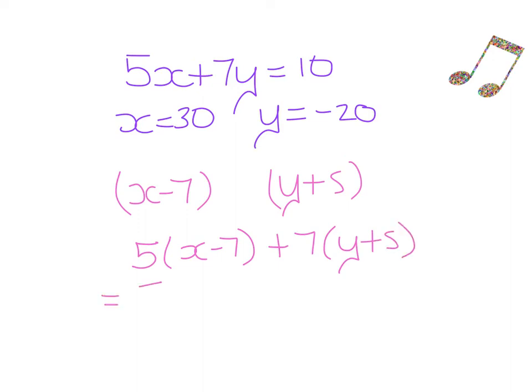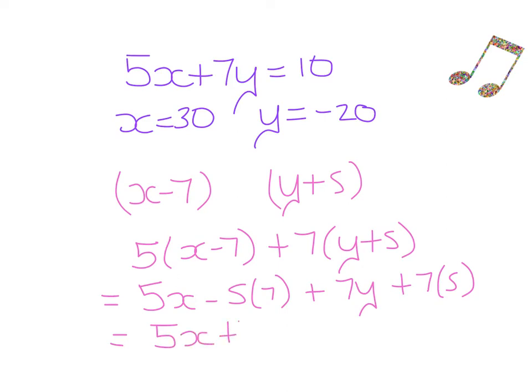If I expand those brackets out, I've got 5x minus 5 lots of 7, plus 7y, plus 7 lots of 5. And you can see that I've got negative 35 plus 35, so I end up with just 5x plus 7y. And that will happen every time. As we said earlier, I could have chosen to add the 7 and take away the 5. I can also do multiples of, so I could do minus 14 plus 10, for example.